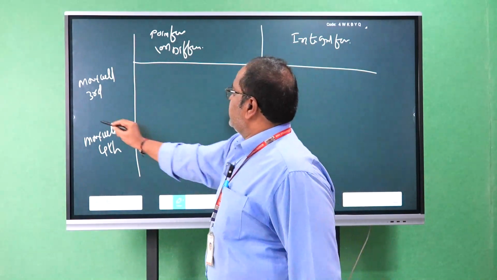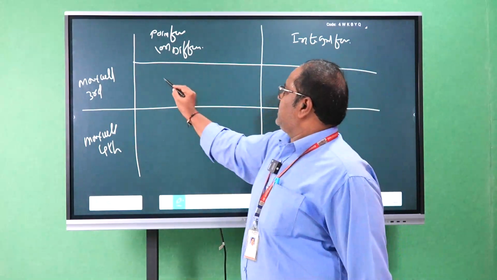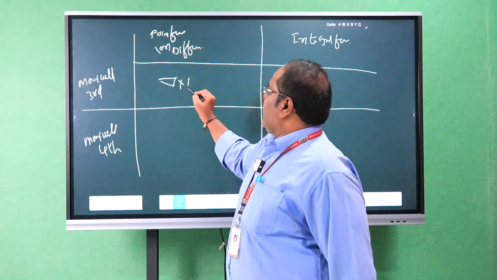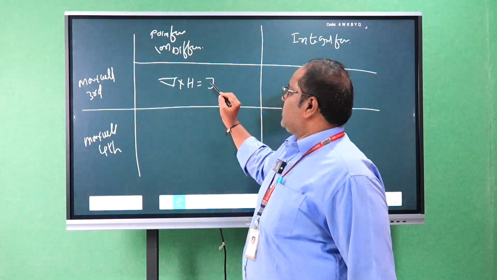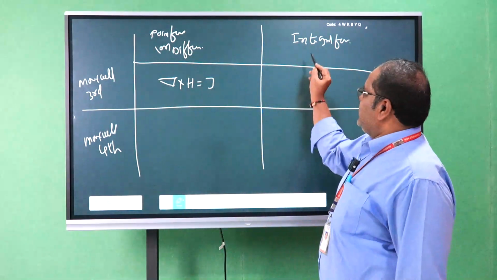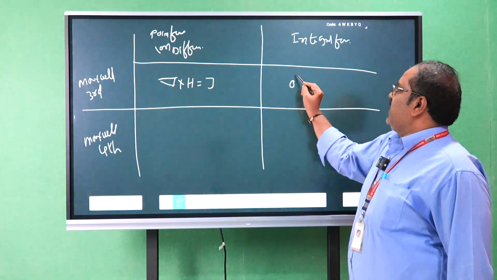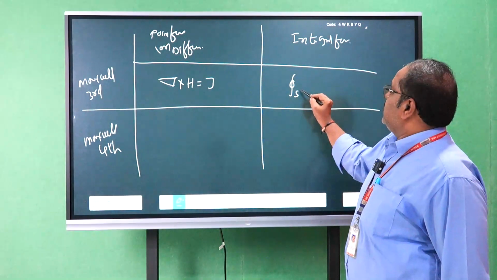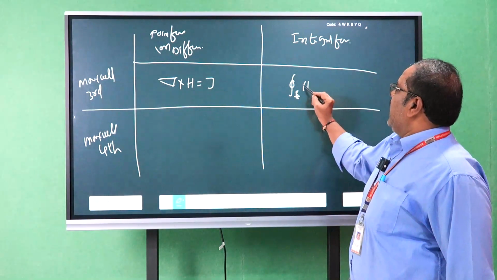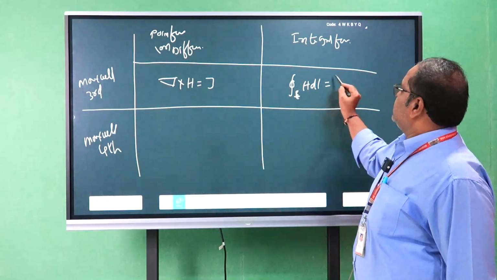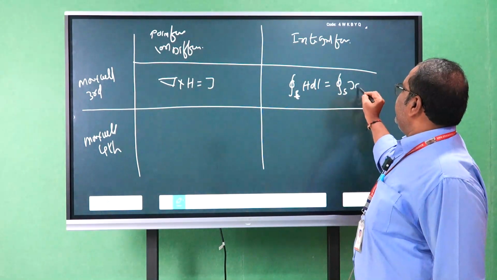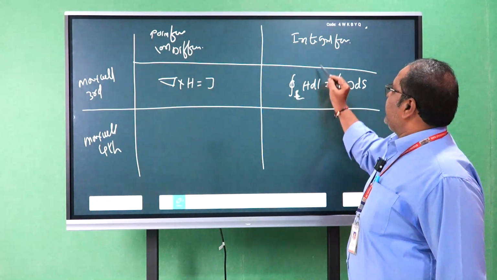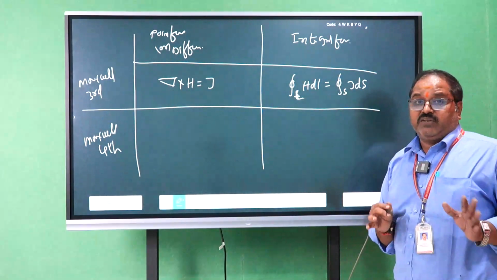What is the Maxwell third equation? In the Maxwell third equation, the curl of magnetic field intensity is equal to current density. What is the integral form? The line integral of H dL is equal to the surface integral of J dS. This is the line integral form of the third Maxwell equation.